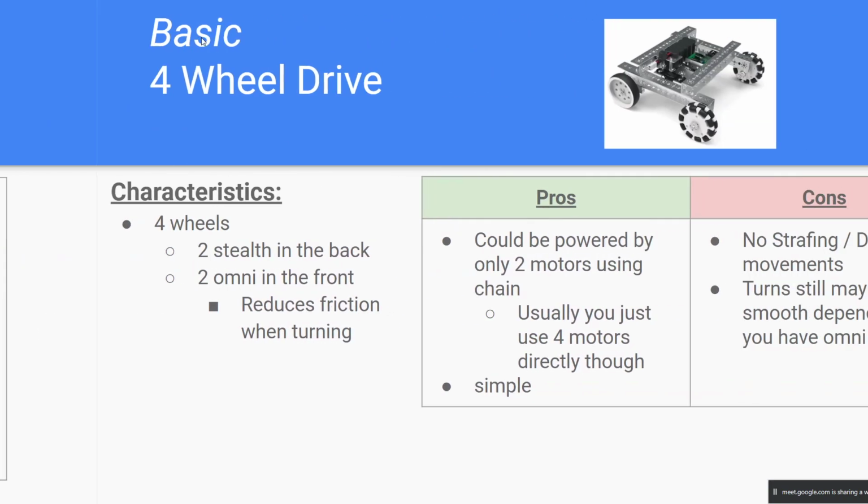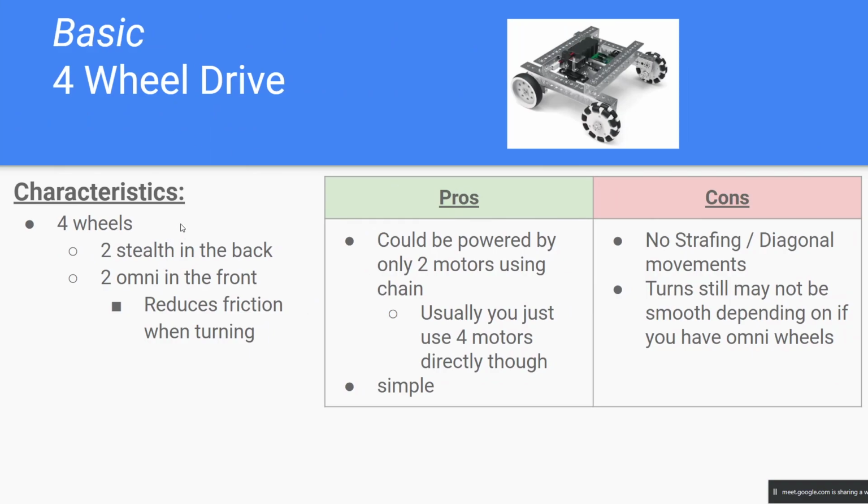First, we have the Four-wheel Drive. It's pretty basic, self-explanatory. You have 2 stealth wheels in the back. These are called stealth wheels. They're just basic wheels. I don't know what else to tell you. And you have 2 Omni wheels in the front. Omni wheels have these little rollers, the little black dots around.